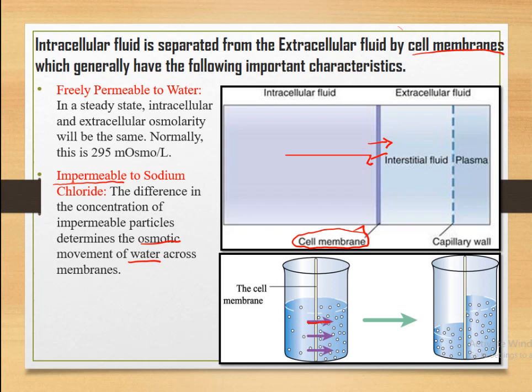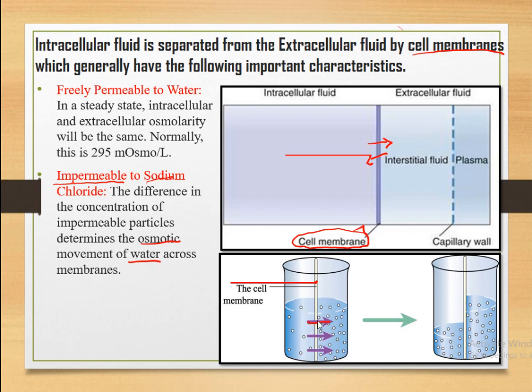This can be easily explained when we talk of hypertonic, hypotonic, and isotonic solutions. All those things can be explained because of these substances which cannot pass through the cell membrane. So this is the cell membrane here, and it is simply determining in what way water will move.